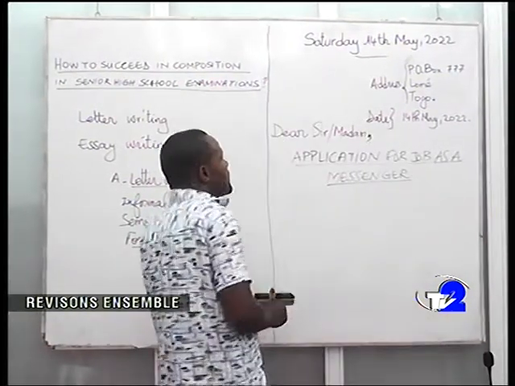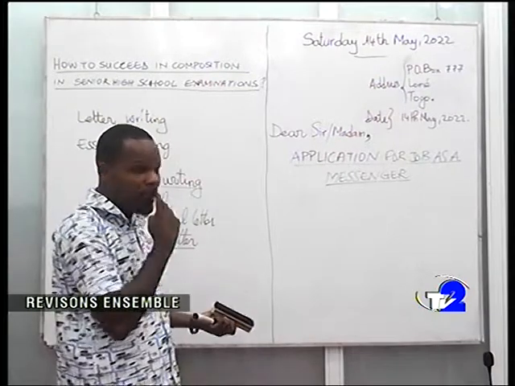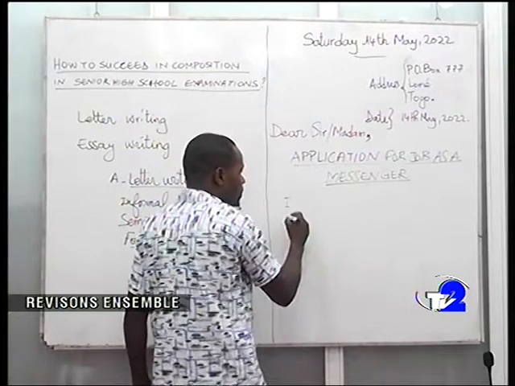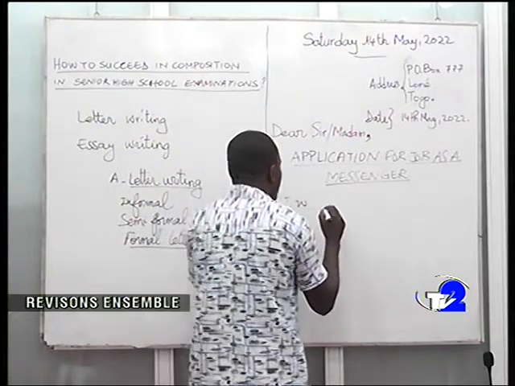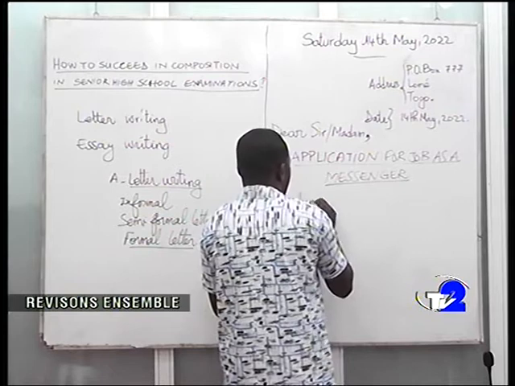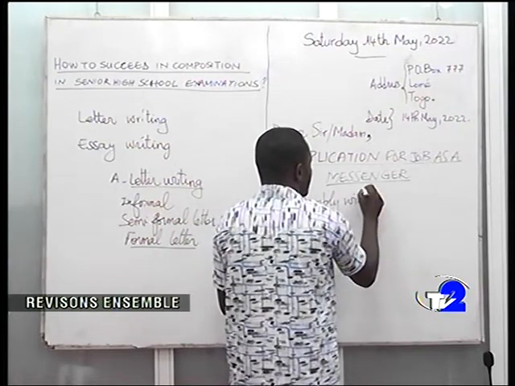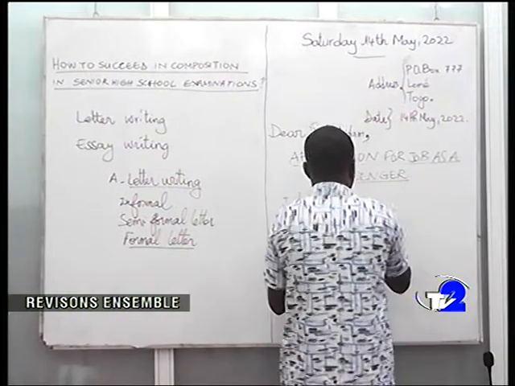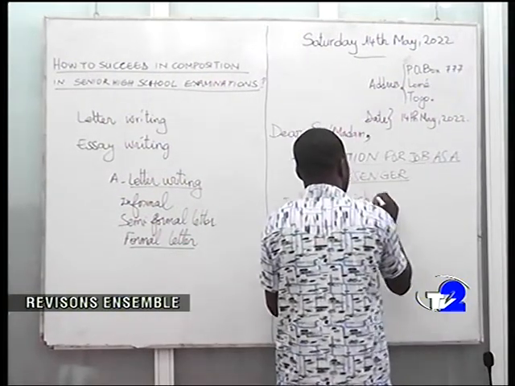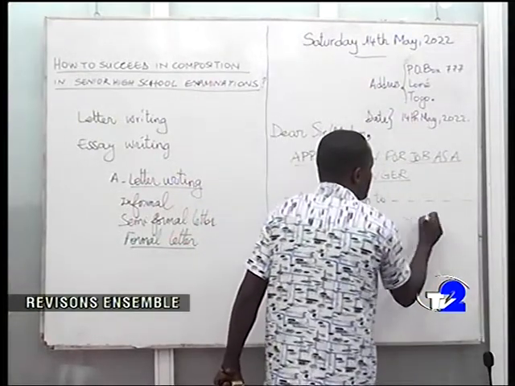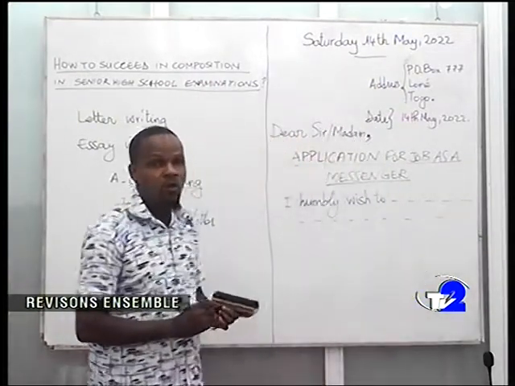you have to start your letter by saying what? Then you can say I. This is the body of your letter. I humbly wish to. And then you start writing, talking about the subject matter of the topic, what you are asked to do.